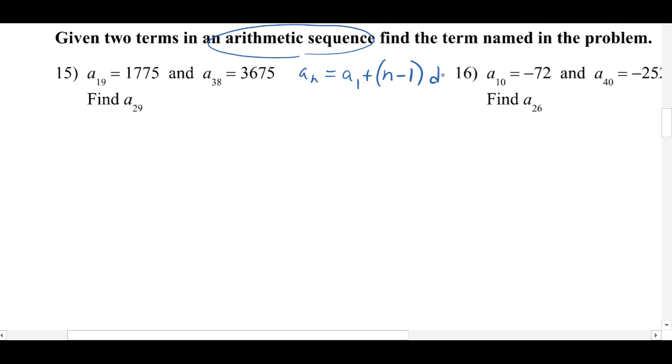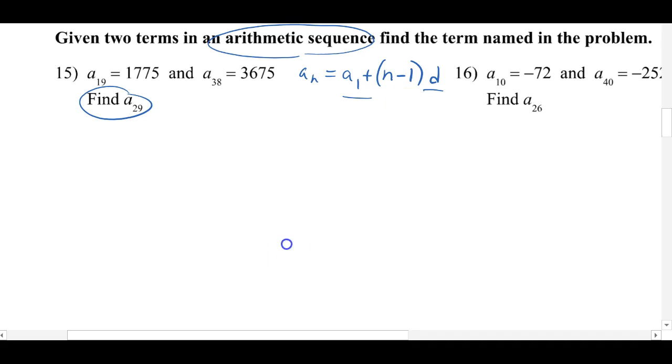Okay, so in order to find the 29th term, I'm going to need to know a1 and the difference, and then I can just plug in my values. Okay, because I don't have a formula to find it. I don't know what the difference is. I don't know what the first term is, so I don't really know how to find the 29th term until I find these values. Okay, the a1 and the difference.